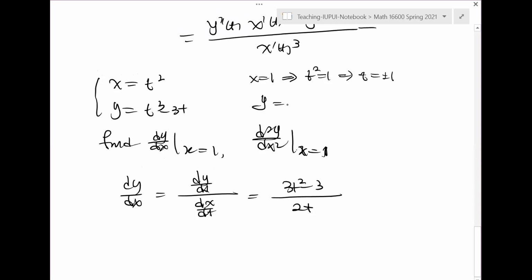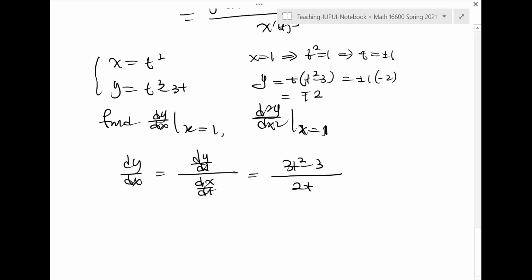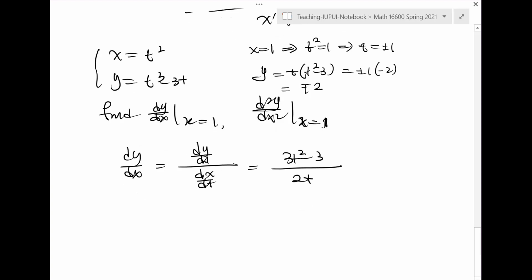Then for the corresponding y value, since y is t times t squared minus 3, and t squared is always equal to 1, it's t times negative 2, so plus or minus 1 times negative 2. So it's going to be minus or plus 2. So you have two different y points corresponding to x equals 1.